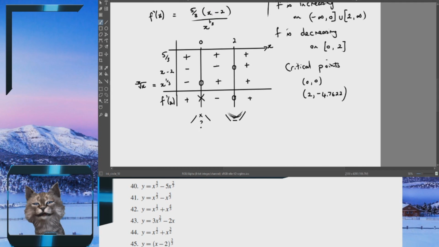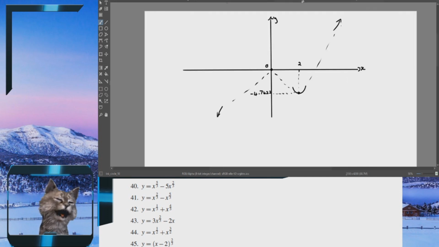It's getting close to like negative 10 over 3. The denominator only is shrinking down, and the result is the whole thing is going to blow up. So I'm going to have a vertical tangent line at x equal to 0. So I'm going to write a little thick line there to remind me.